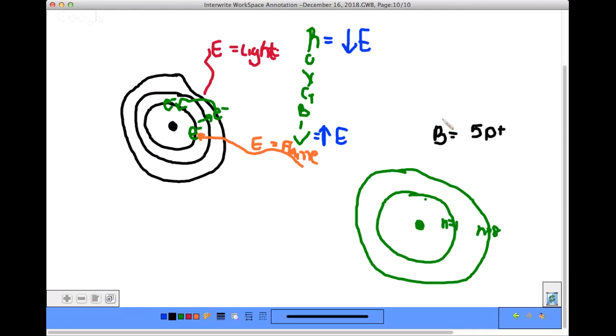And if it's neutral, if it has no charge, that also means that it has 5 electrons. So we can put those electrons in here. We want to fill up the first shell, which can only hold 2 electrons, and then we move on to the next one. And then we could put our last 3 right there. And so that would be a Bohr's diagram, just being able to draw those into each energy level.